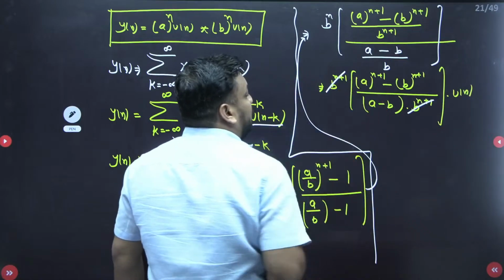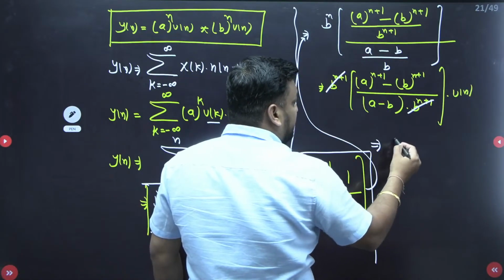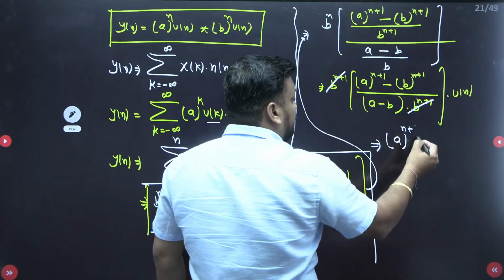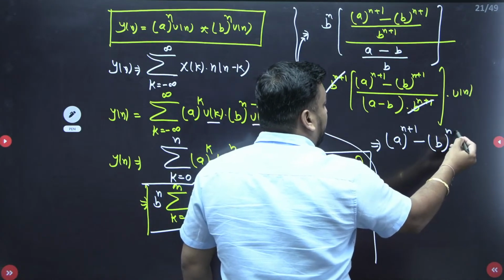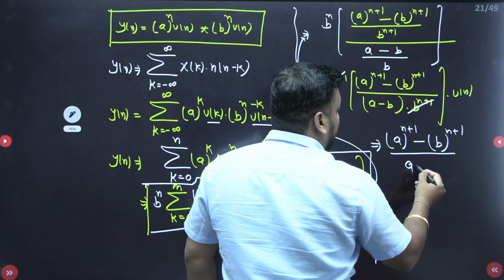This one and this one get cancelled out. The final expression is nothing but (a^(n+1) - b^(n+1)) upon (a - b) into u[n].